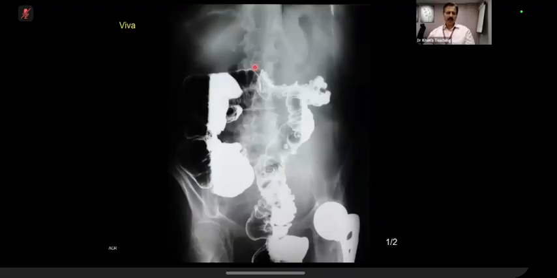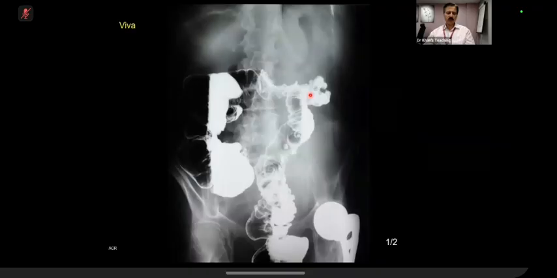Now, what is happening here in the colon? This is a barium enema examination. How will you describe this?